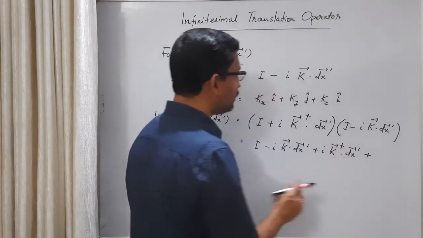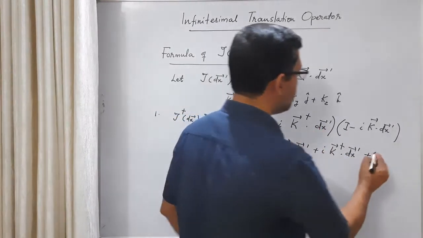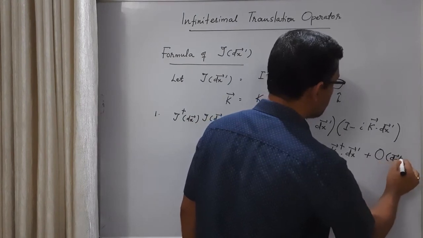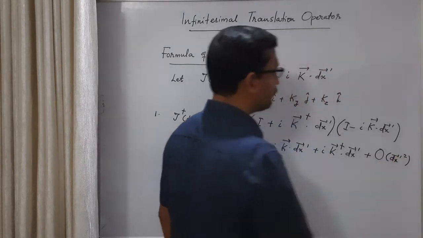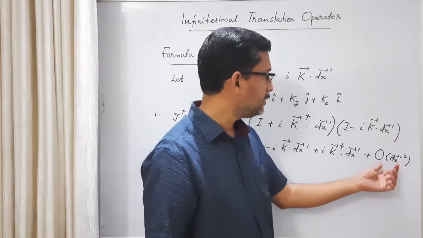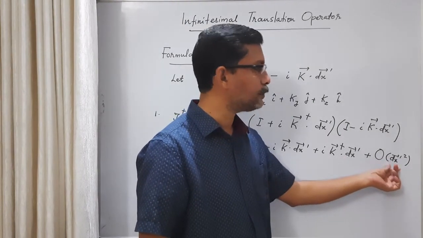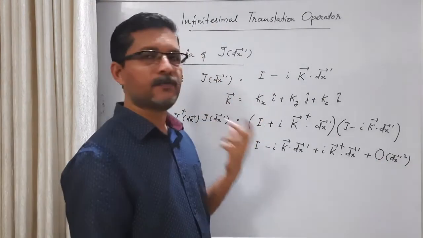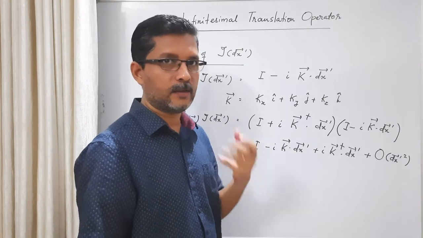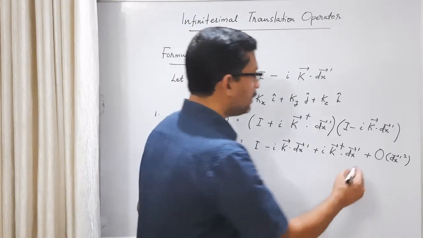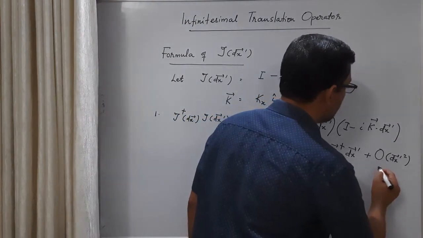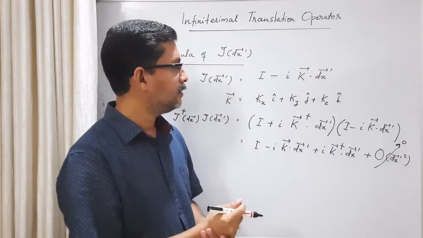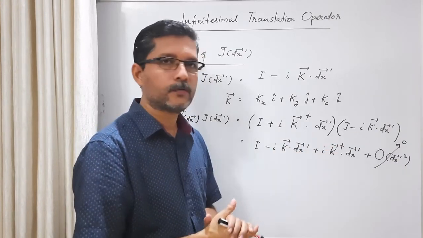Plus we have a term of the order of dx prime square. Since dx prime itself is a very small quantity, an infinitesimal displacement, we will neglect this term. We are neglecting terms of the order of dx prime square.